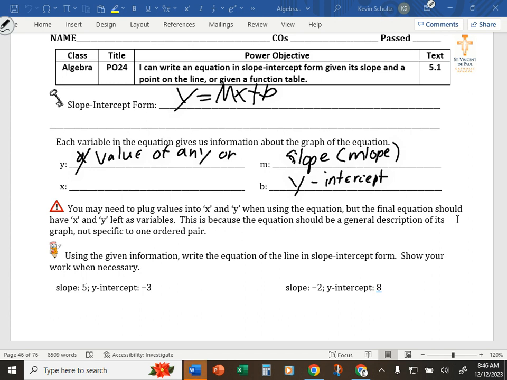So does anyone know what X is? The x value of any given ordered pair. The x variable represents the x value of any ordered pair on the line.